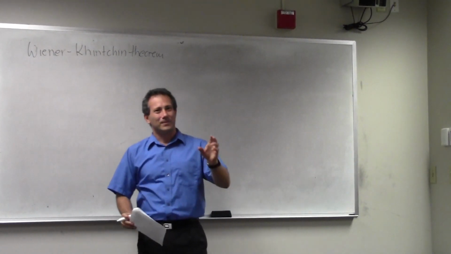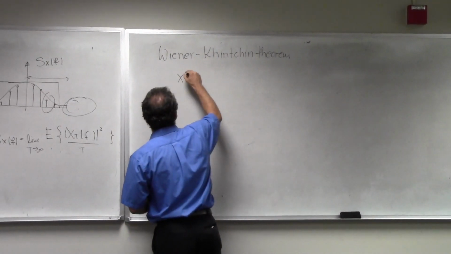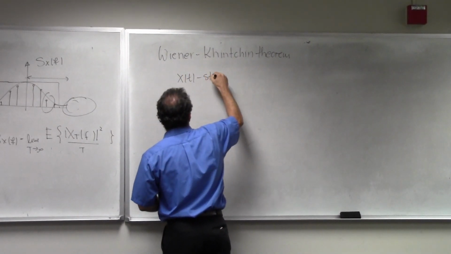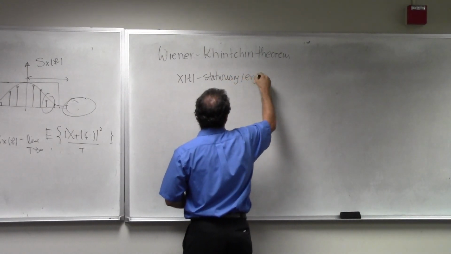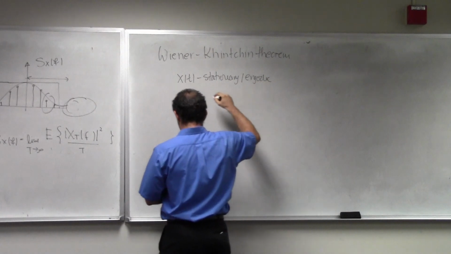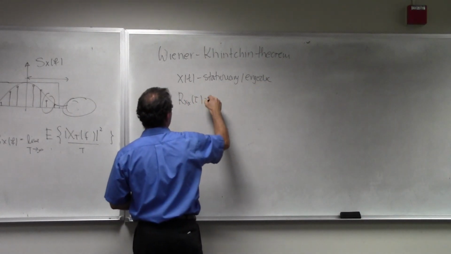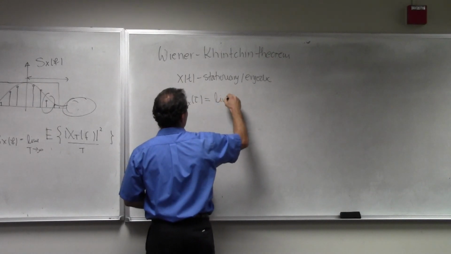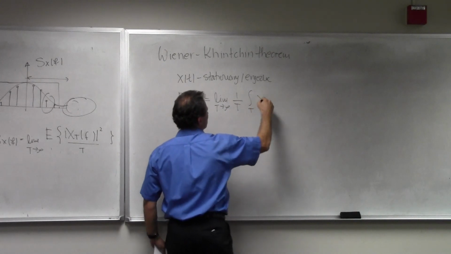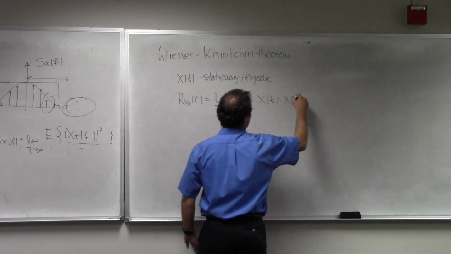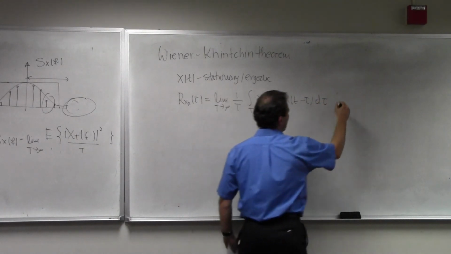And this is a relationship that says this: if x of t is stationary and ergodic, and let Rx of tau be this limit when T goes to infinity, 1 over T integral over T of x of t x of t minus tau dt. In other words, let this be the autocorrelation function.